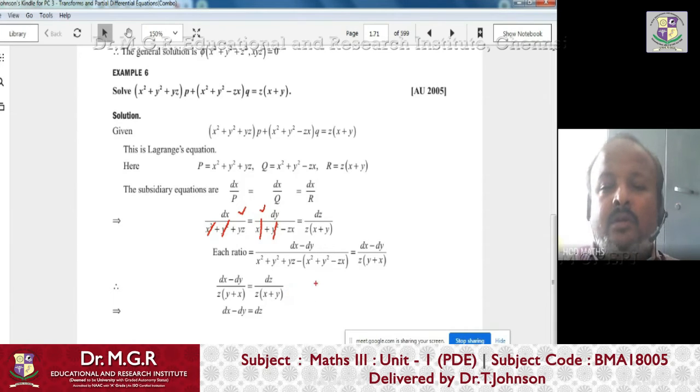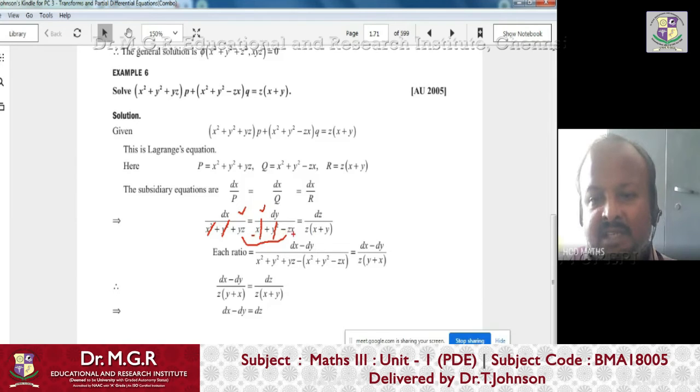The remaining thing is dx minus dy over yz minus of zx, and then minus and minus become plus, so yz plus zx. Z is common in both terms, so you take z outside, then y plus x is there.